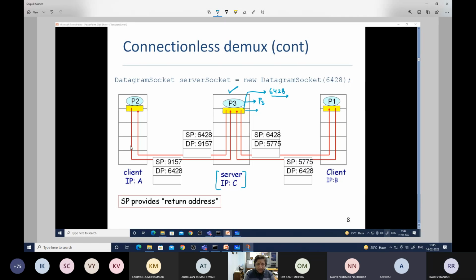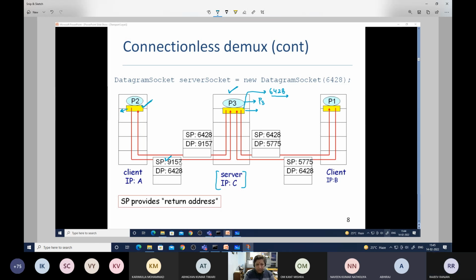Suppose P2 wants to send a message. So P2, at the transport layer, will be sending its source port number, meaning the port number associated with the socket which is created at machine A for P2.